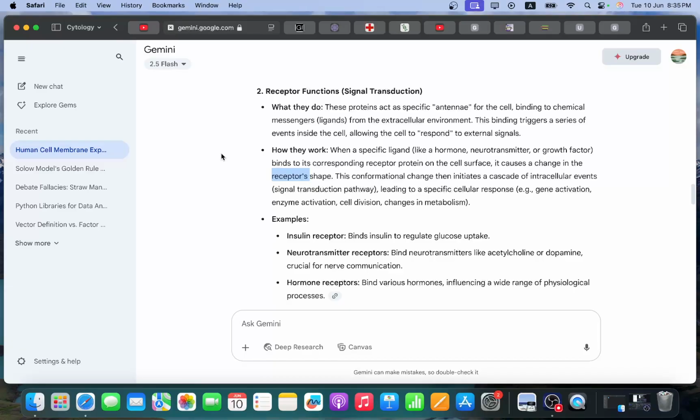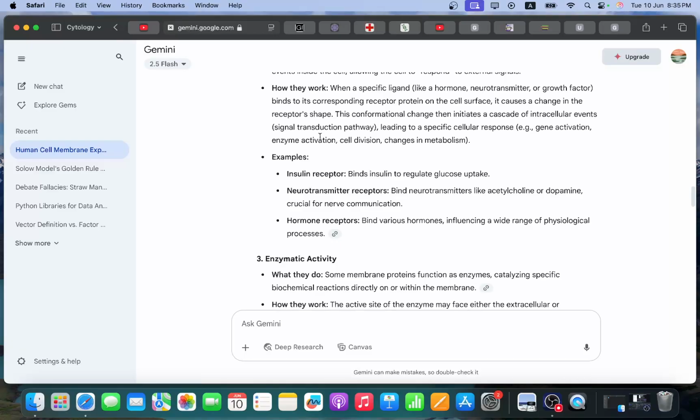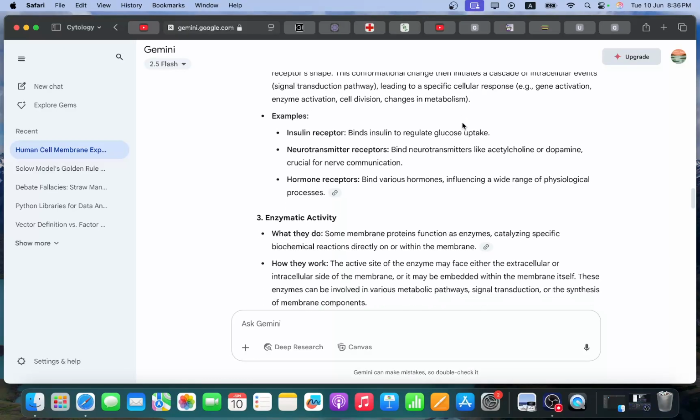They serve as a receptor. Am I wrong? This conformational change in their antennas then initiates a cascade of intracellular events, a signal transduction pathway, leading to a specific cellular response: gene activation, enzyme activation, cell division, and changes in metabolism.